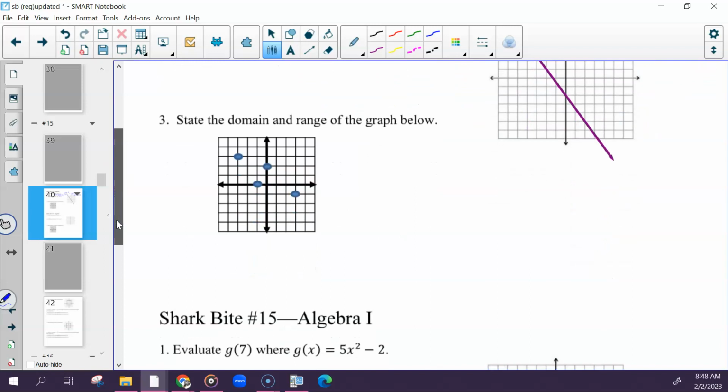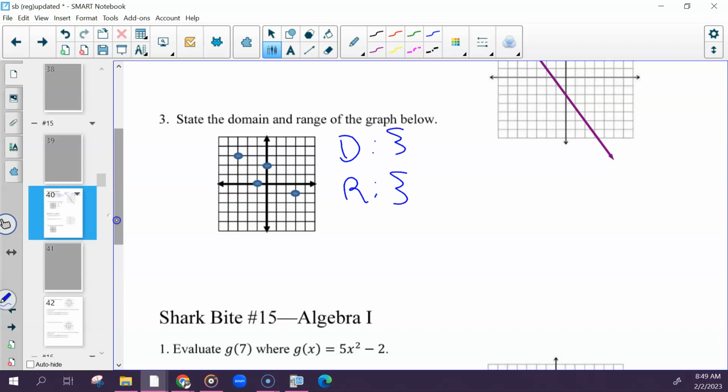For 3, see if we remember some of our vocab. Is this a discrete function or a continuous function? Discrete. So all the points are separated. It's not drawn together in one continuous line, which means we're going to list out our domain and range, least to greatest, in curly brackets. Domain, what was that least to greatest?